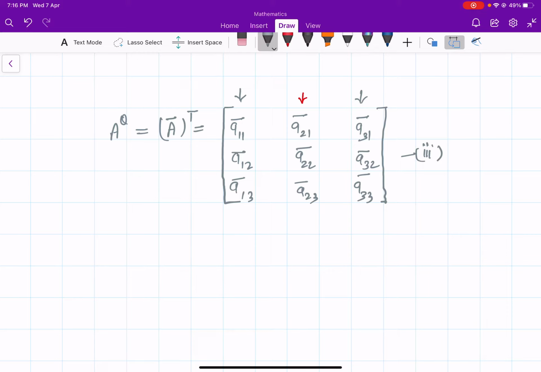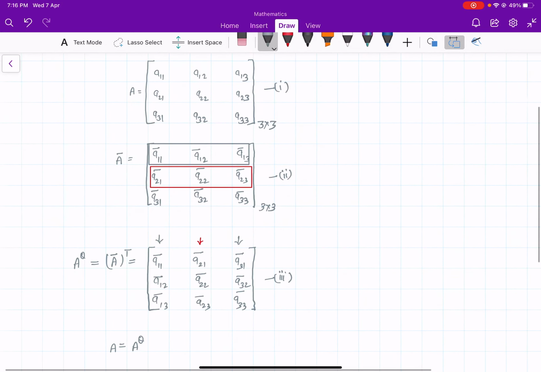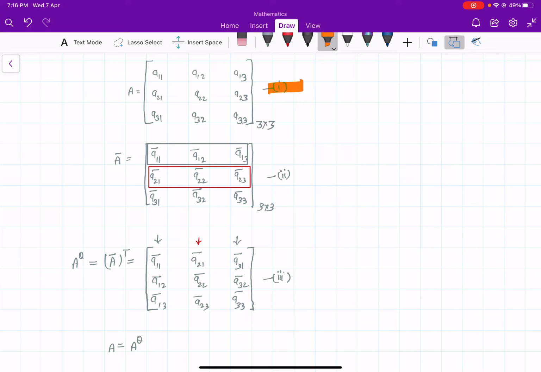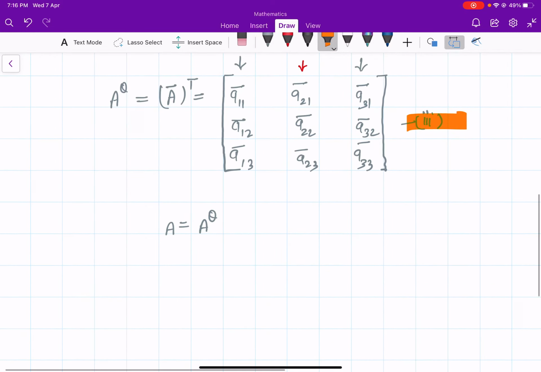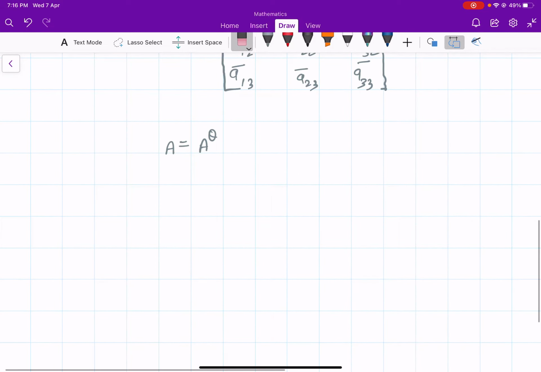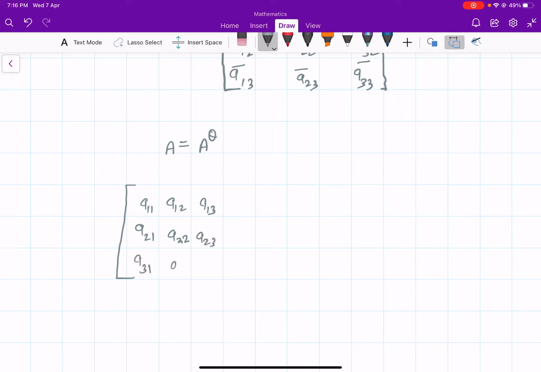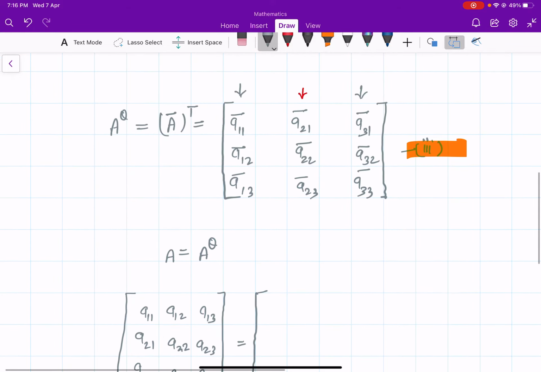Suppose this is equation number 3. If A is a Hermitian matrix, then A is equal to A theta. So if we take equation 1 and equation number 3, A is equal to A11, A12, A13, A21, A22, A23, A31, A32, A33, which is equal to the transpose conjugate matrix, that is equation number 3.